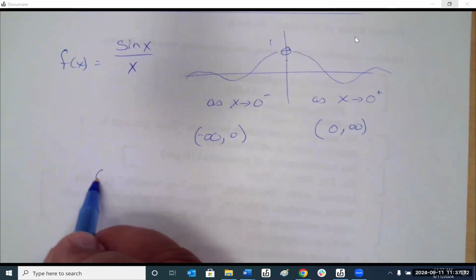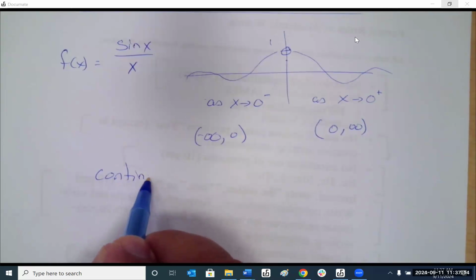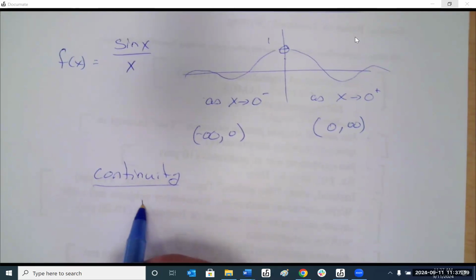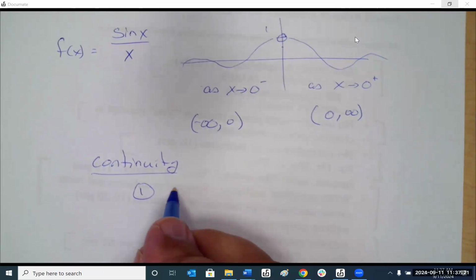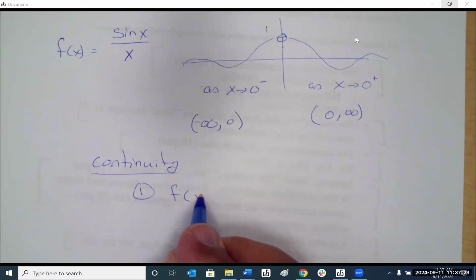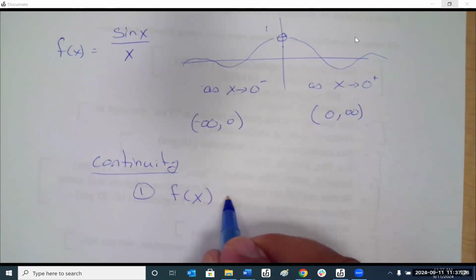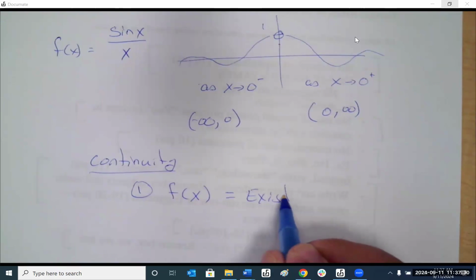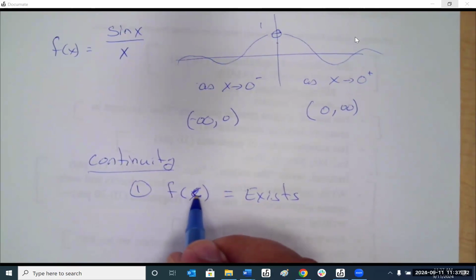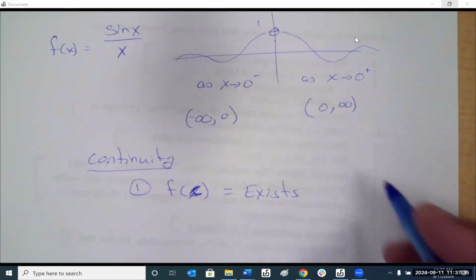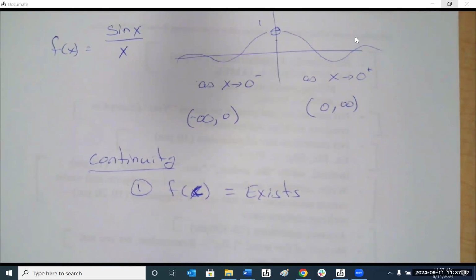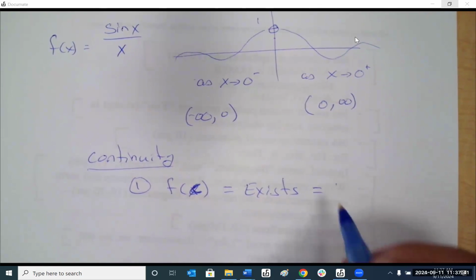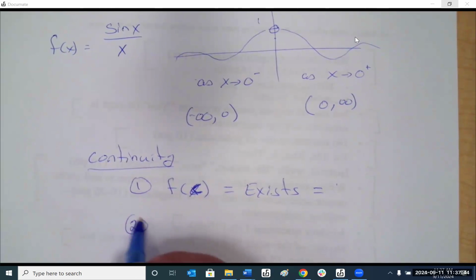For continuity, first one: f of x exists. Or should I say f of c? Because we're looking at the limit as x approaches c. It exists, and it's some value.